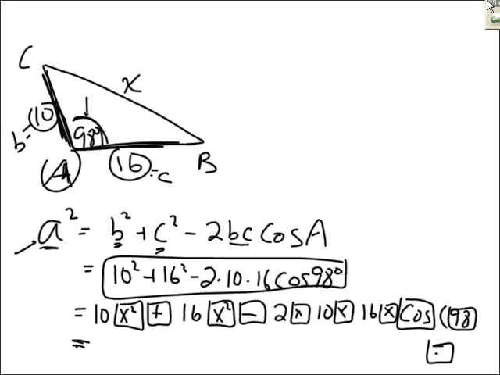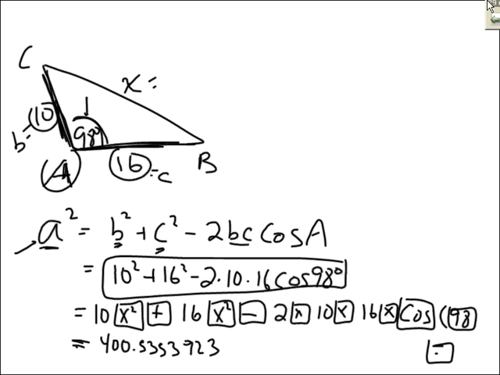Make sure I did that right. I sure did, which is amazing. And I get a drop over 400. So A squared is 400.5353923. So then A, or X, will be the square root of that.